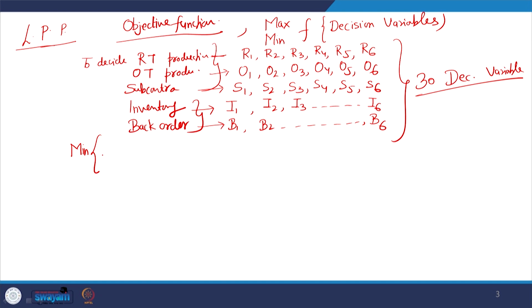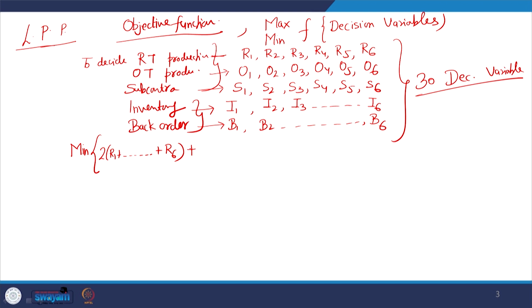Let us see that. First is the cost of regular production. The cost of regular production is $2 per board, and I am producing R1 plus R2 plus R3 plus R4 plus R5 plus R6 units in the regular production. So, 2 into R1 to R6, that is the total cost of production of regular units.